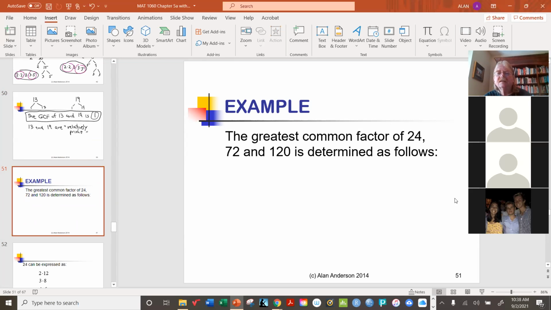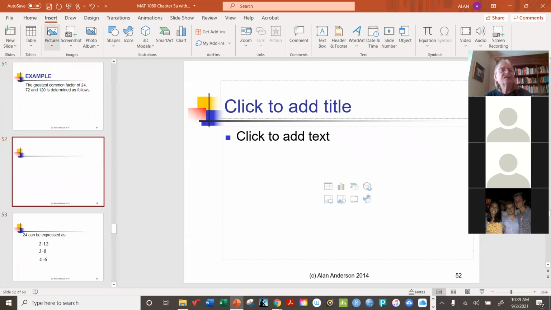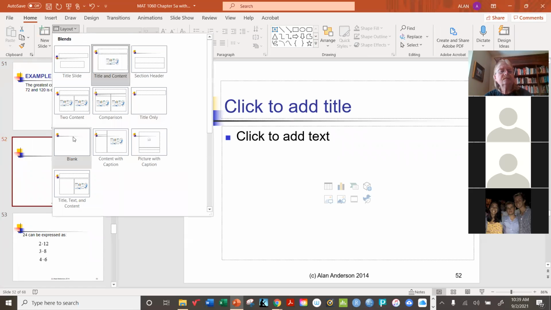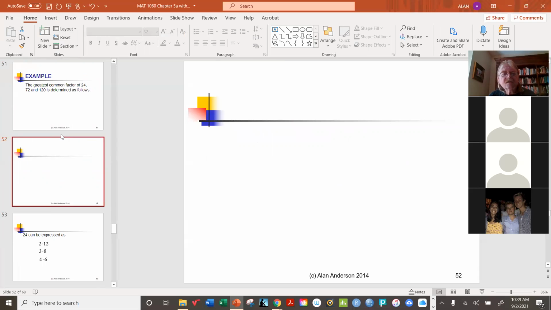Okay, so I'm going to do this on a separate slide. We have 24, 72, and 120. All right, so take a minute and figure out what is the greatest common factor of those 3.